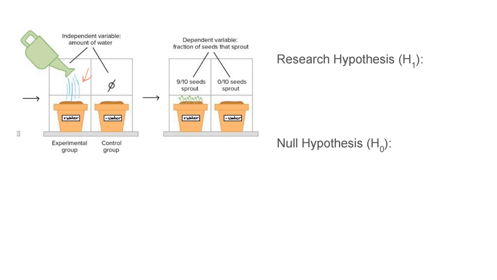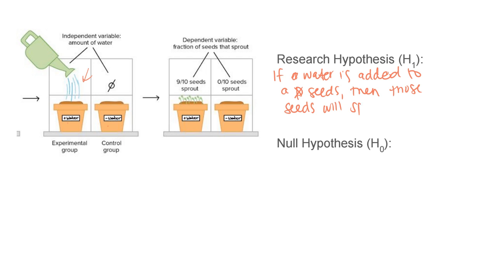Our research hypothesis would be: if water is added to a plant, or let's say seeds, then those seeds will sprout, because, and I'm not going to write it all, because plants need water for photosynthesis.